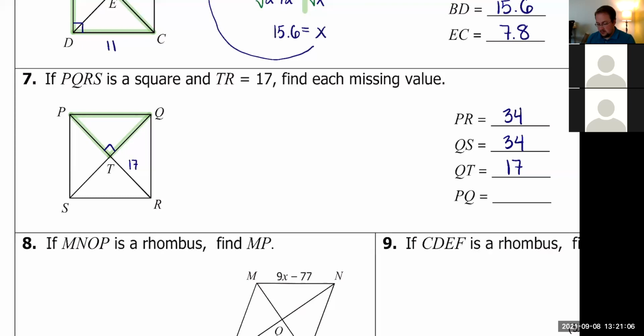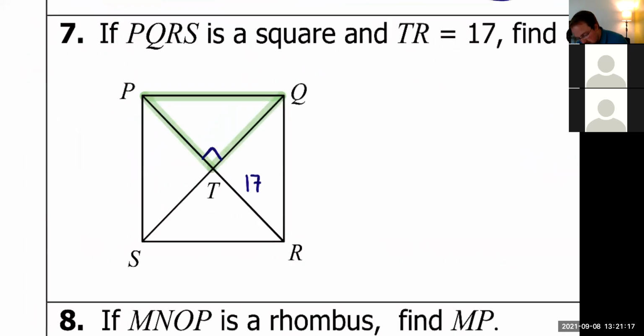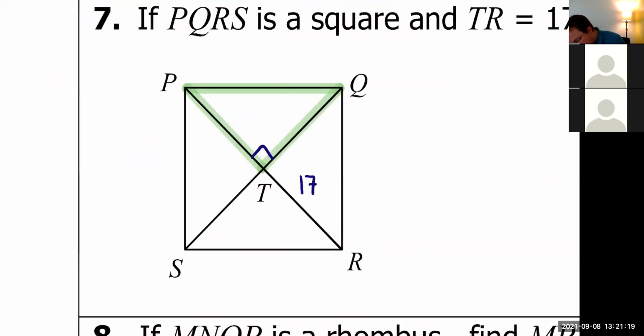180 minus 90. Careful, I'm not looking for an angle yet. So angles would be the 180s and the 90s. I'm still looking for a side, which is PQ. If I think about it though, all the diagonals in here were equal to each other and bisected, which means all these segments in here, I guess I could have done this, are all 17s.